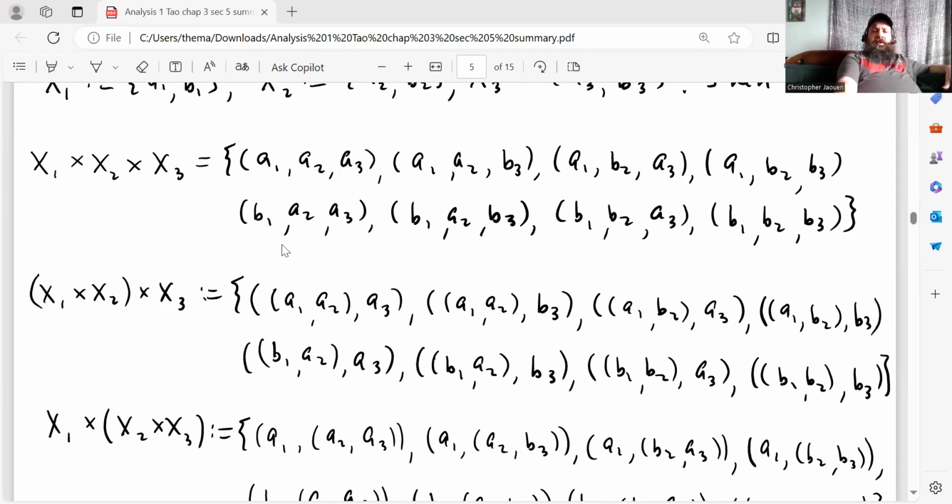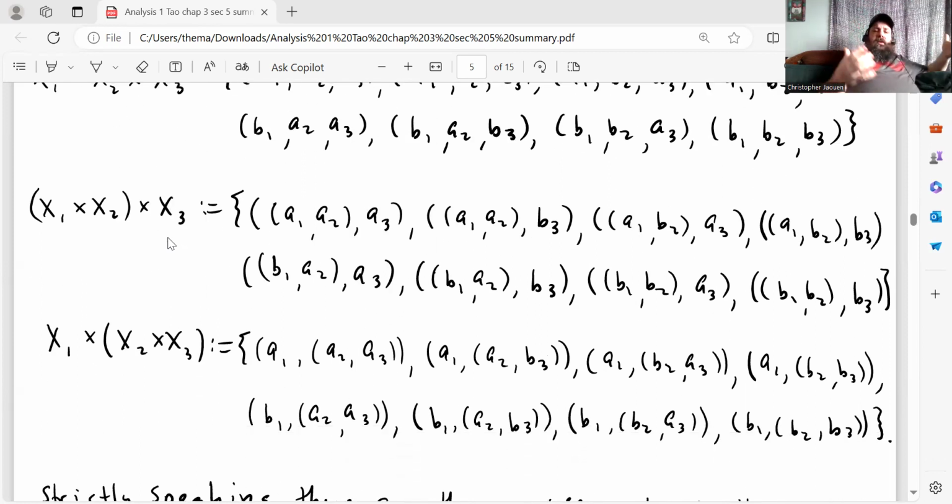That's the set of ordered three-tuples. Or we could identify it with this Cartesian product: we take the Cartesian product of X1 with X2 first, and then the Cartesian product of that with X3, and we get these two-tuples. But you could also think of them as three-tuples, right? Because the first component is itself a two-tuple.